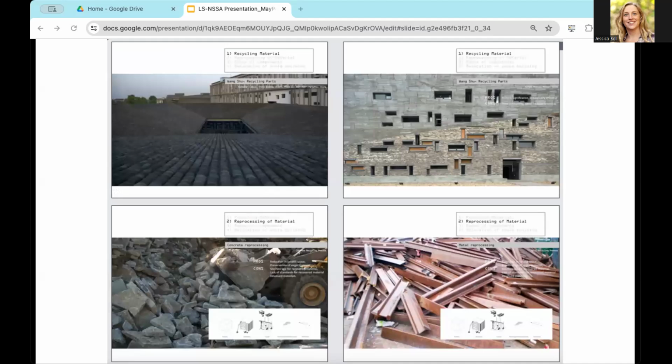The design industry has sought many ways in which our design can be manufactured and constructed in a sustainable way. One way is to recycle materials, so grabbing materials from abandoned sites. And the second way is to reprocess materials, so grabbing those aggregates of cement and asphalt, and then reverting it into something else that could be used.